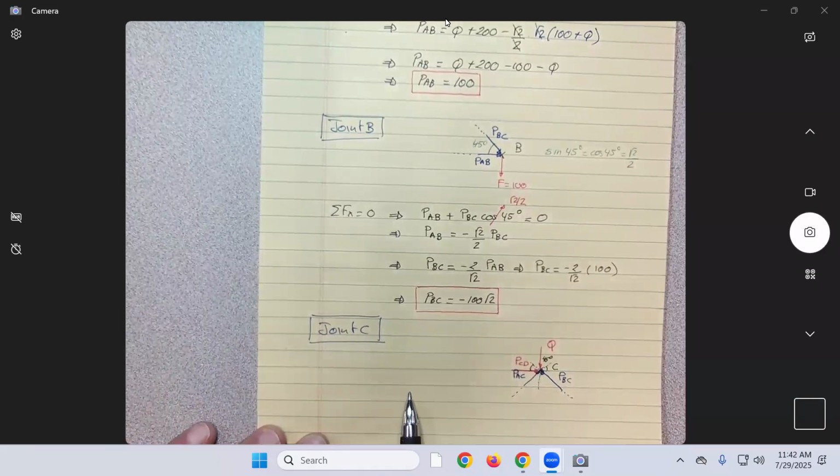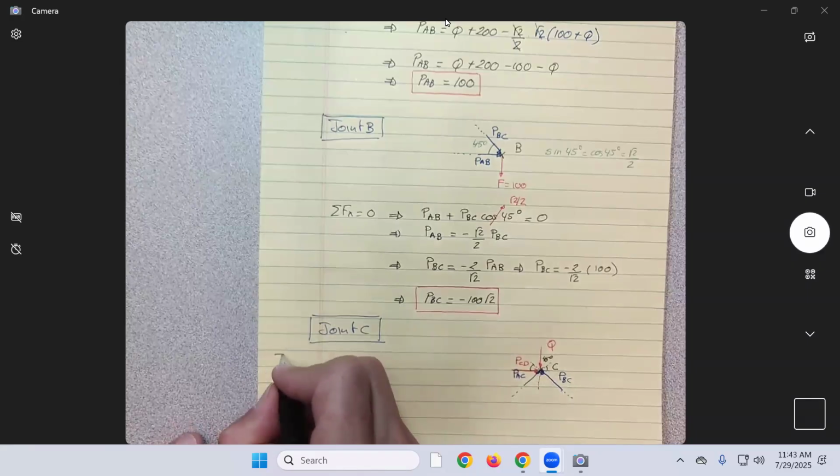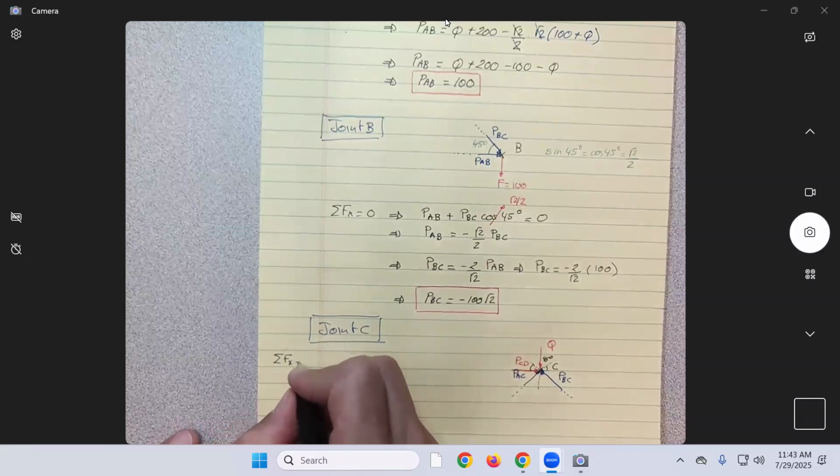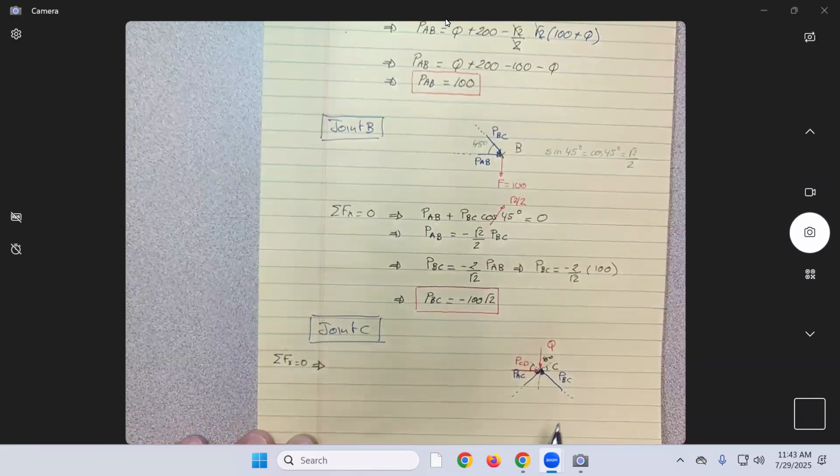So I'm scared of doing the equation here. All right, let's try to do it here. Okay, I don't want to go to the next page. So we do summation of forces on the X equal to 0. So I'm going to write it a bit smaller. Okay. So what will this give us?